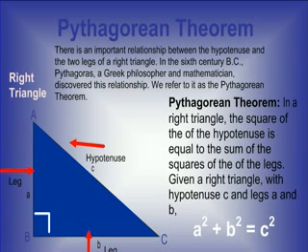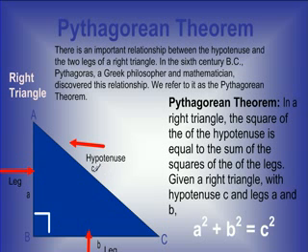Pythagorean theorem states that in a right triangle, the square of the hypotenuse is equal to the sum of the squares of the legs, given a right triangle with hypotenuse C and legs A and B. Now, what Pythagoras found out was that there is an important relationship between the hypotenuse and the two legs.